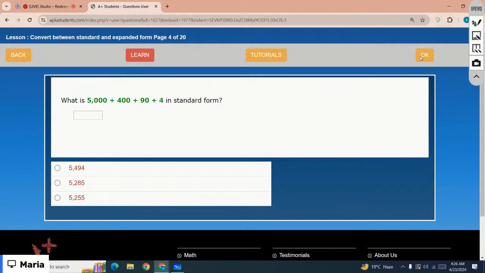What is 5000 plus 400 plus 90 plus 4 in standard form? Which is the correct option? Option number 1 is the correct option.